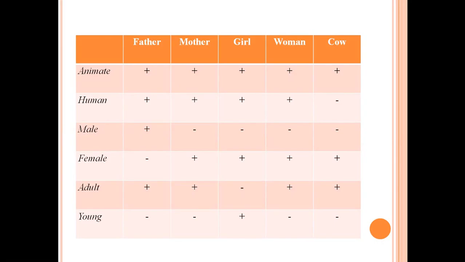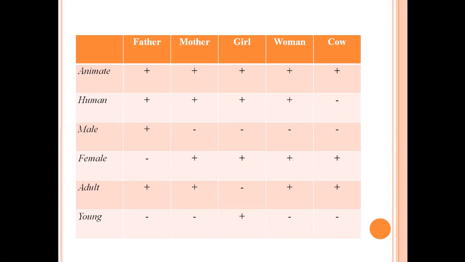Look at the first property. The properties are given to the left side. বাম পাশে দেওয়া হয়েছে properties গুলো। Semantic properties গুলো কি কি? Animate, human, male, female, adult, young. These are the semantic properties. Now we will check whether a particular word has that semantic property or not. And we will show this by using plus sign or minus sign.